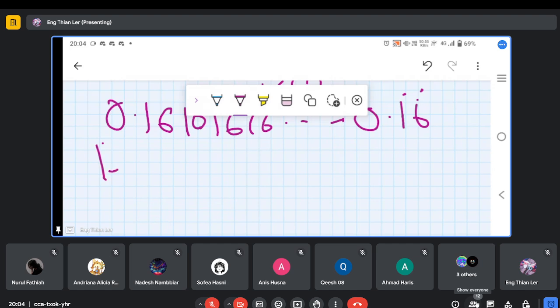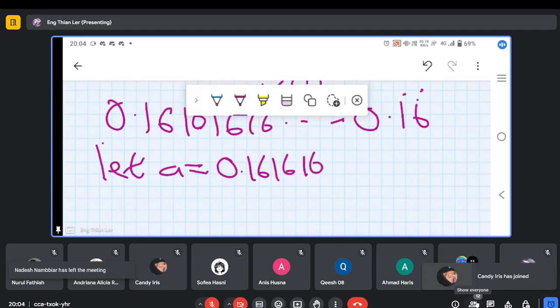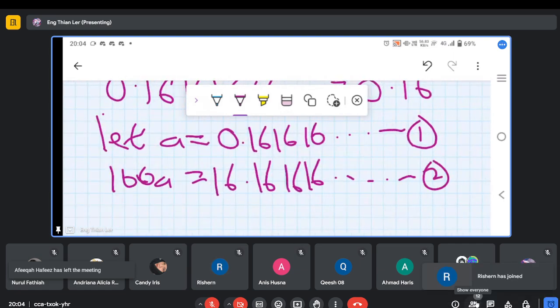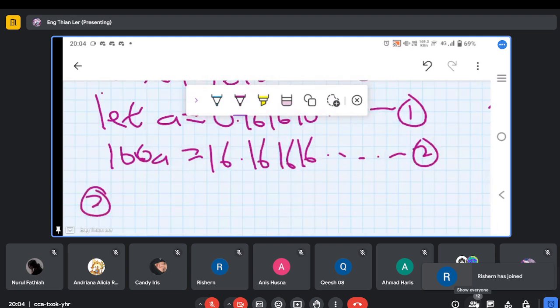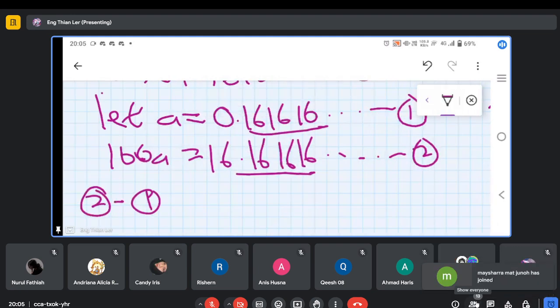We let a equal to 0.161616, and then 100a, this is equation 1, equal to 16.161616, and this is equation 2, and we do 2 minus 1. If we do so, this and that will cancel each other.